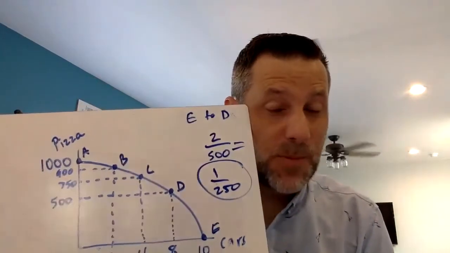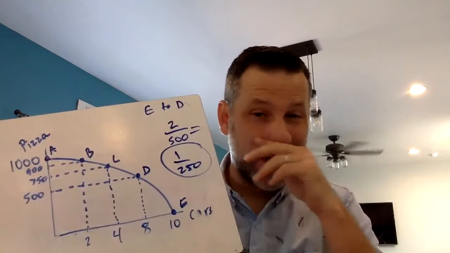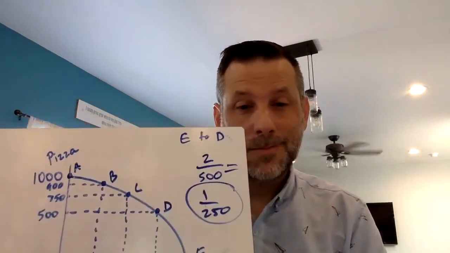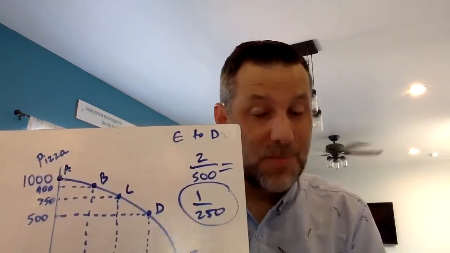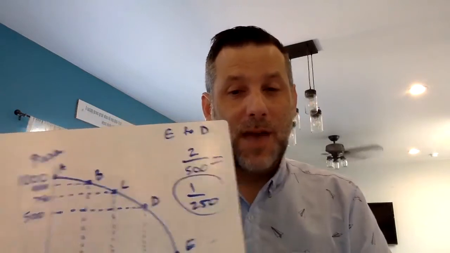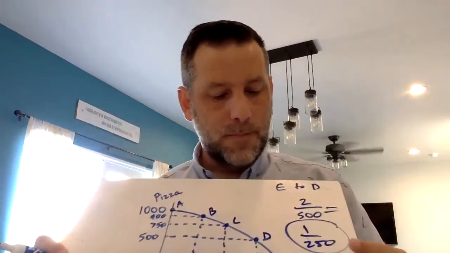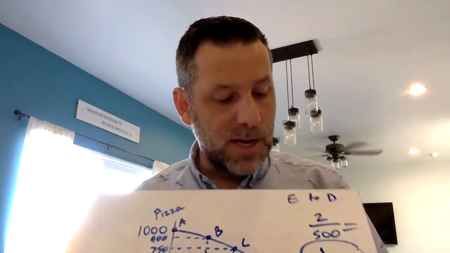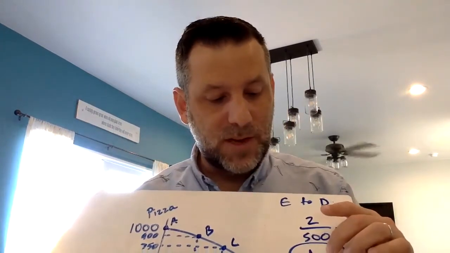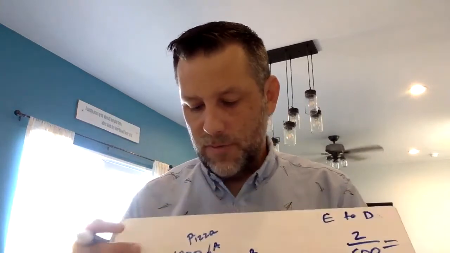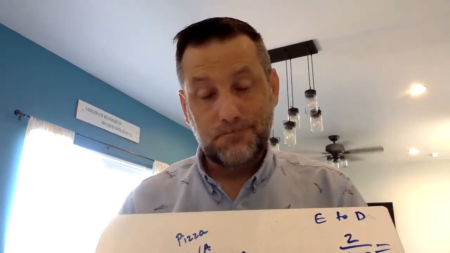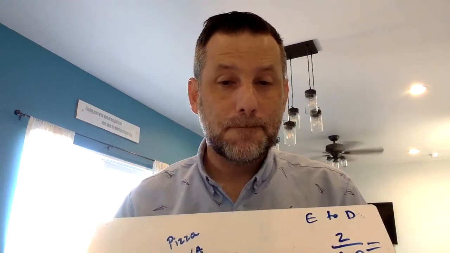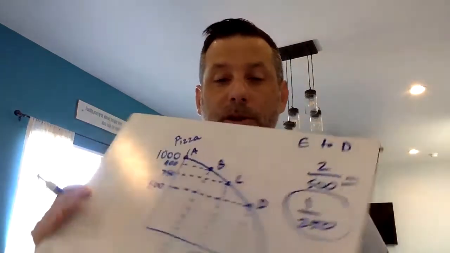Notice that it's the reciprocal of us going the other direction. But the opportunity cost is different because I'm going in a different direction. So when I go from E to D, my per unit opportunity cost is I give up 1/250th of a car for each pizza that I get, basically. So that's opportunity cost per unit.